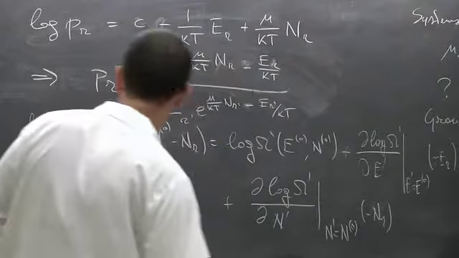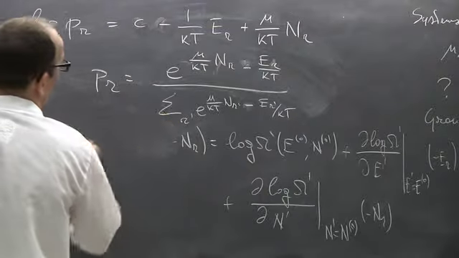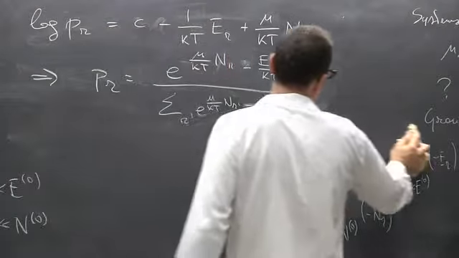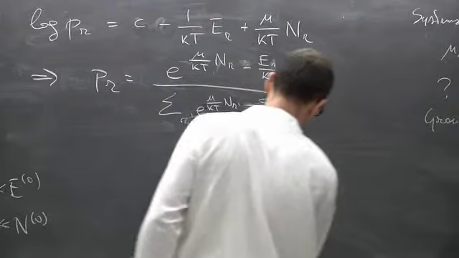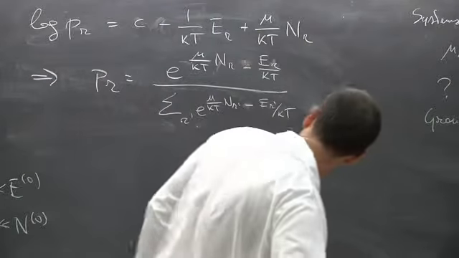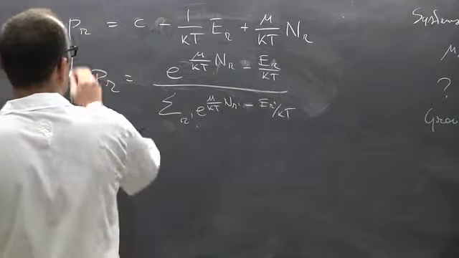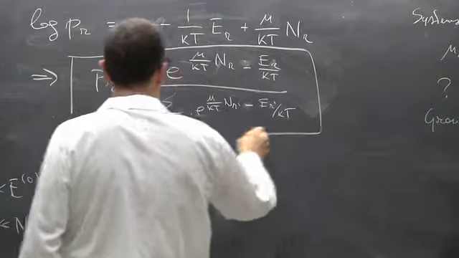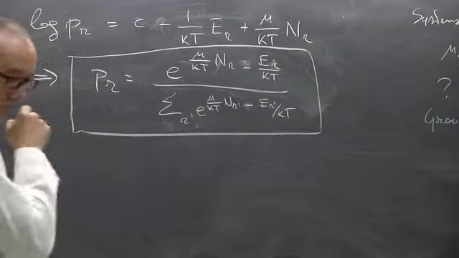Okay, so this is the grand canonical distribution. Okay.